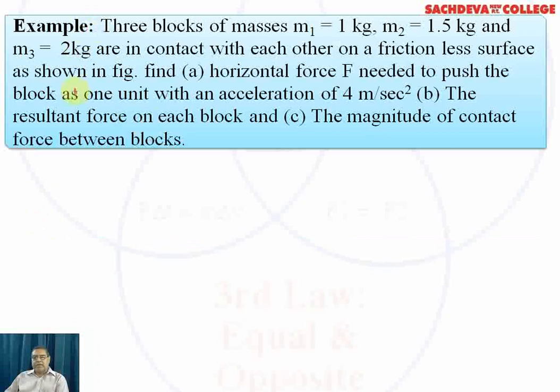Now we come towards another example. There are three masses m1, m2, m3, and their masses are respectively 1 kilogram, 1.5 kilograms and 2 kilograms. They are all in contact with each other on a frictionless surface. Whenever we use the term frictionless, it means that friction is ignored.